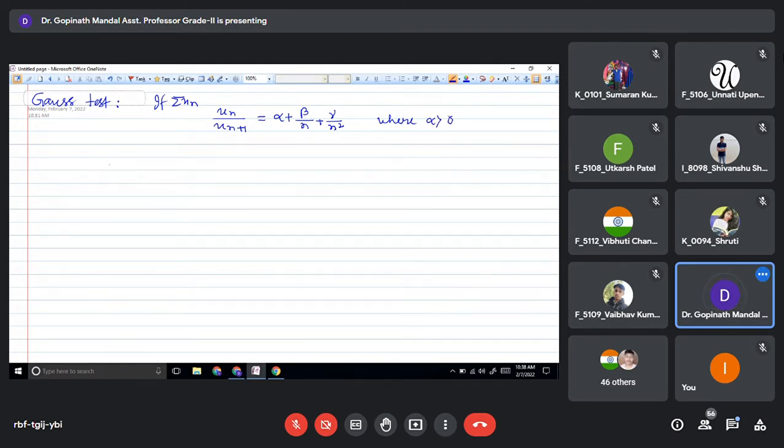Then if alpha greater than 1, the series is convergent. If alpha less than 1, the series is divergent.